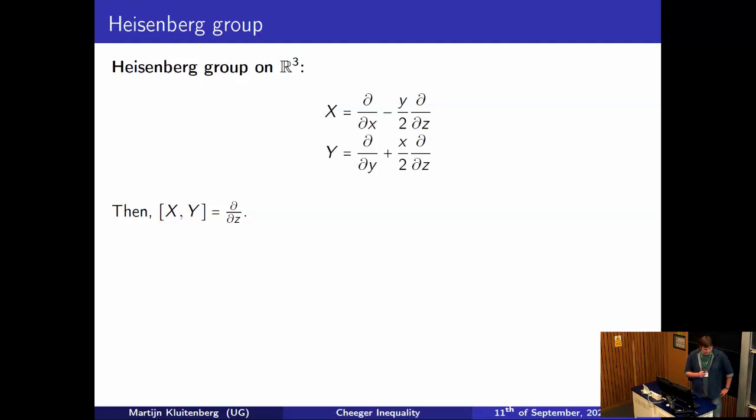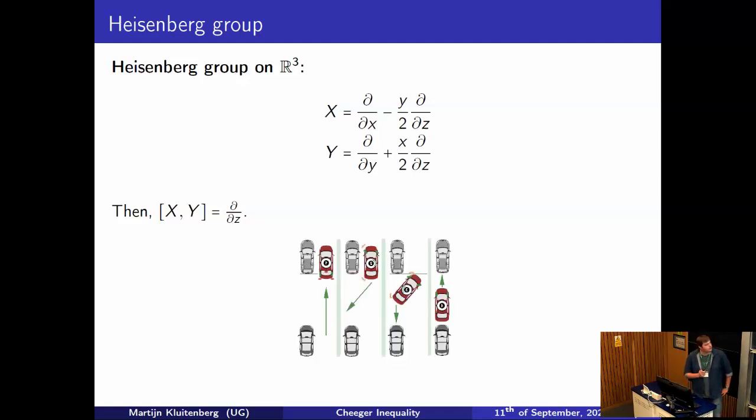Why is this? Why is the commutator important? Well, I have to give the compulsory example of parallel parking. So if you do the commutator of X and Y, you do X, then Y, then minus X, and then minus Y. Which corresponds in parallel parking to going forward, turning the wheels, going backwards, and turning the wheels backwards. So you cannot immediately shove the car from left to right into the parking spot.